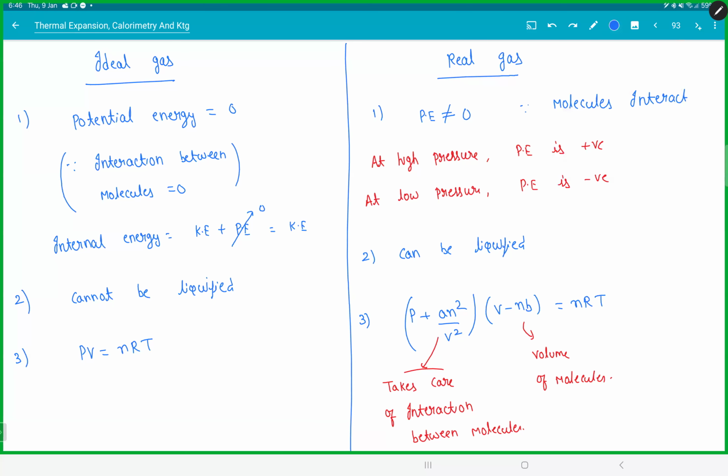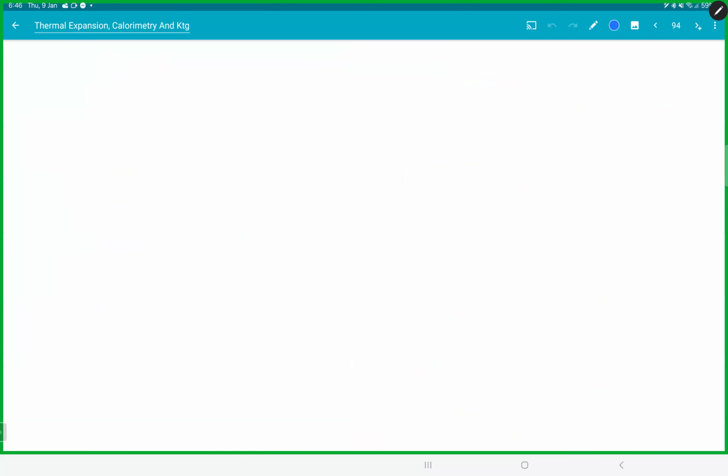degrees of freedom. This, we had a glimpse of it in rotational mechanics. The symbol is f.